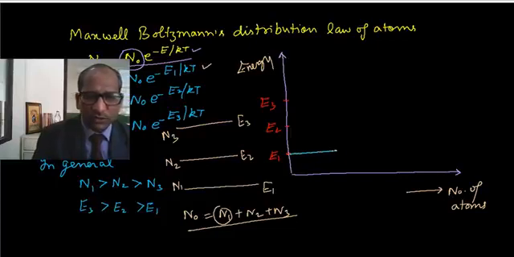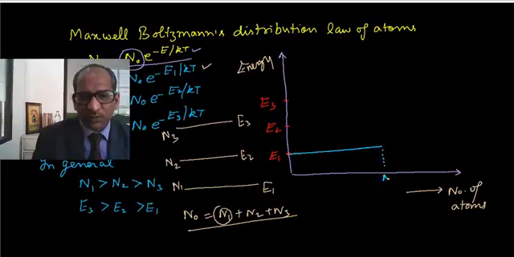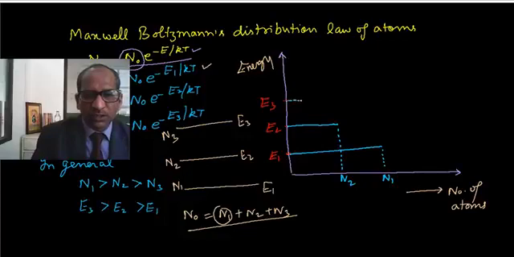I can show it by this line. So this corresponds to N1, then N2 is smaller as compared to N1, and this is N3.